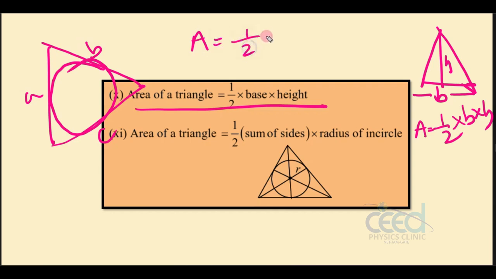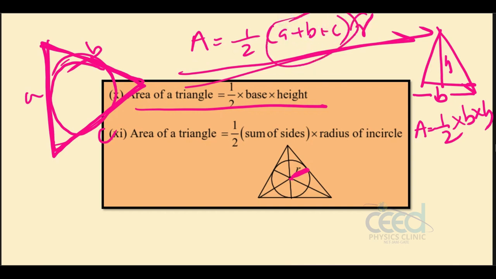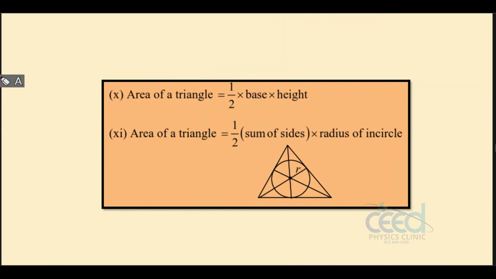Another formula: half into A plus B plus C into radius, where R is the radius of this circle. There is a derivation, but we are not interested in deriving this. You have to remember this rule: whenever three sides are given and a circle of radius R is embedded, you can directly write the area as half into A plus B plus C into radius, the sum of sides into radius. This is the formula.